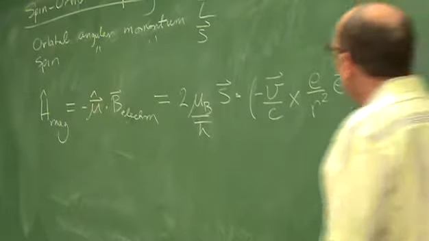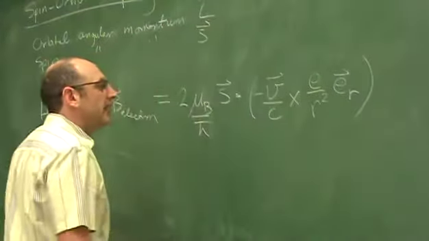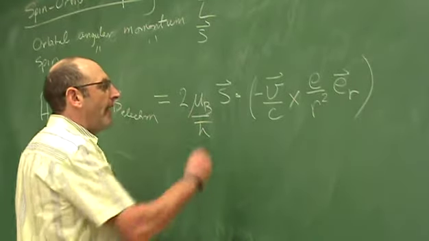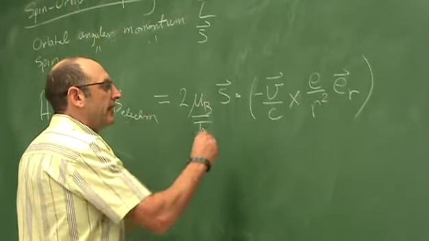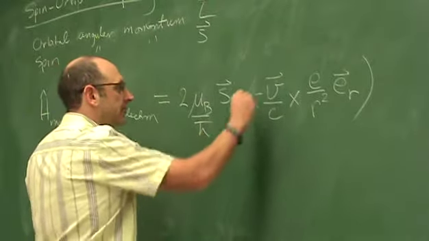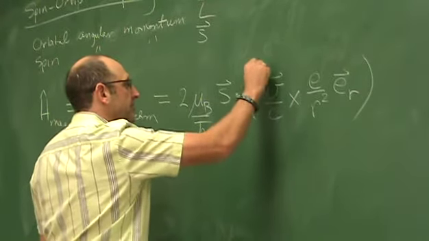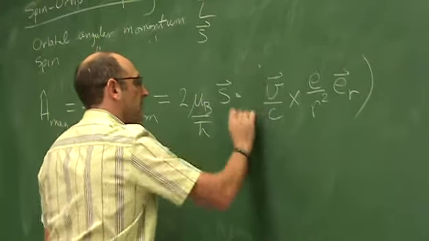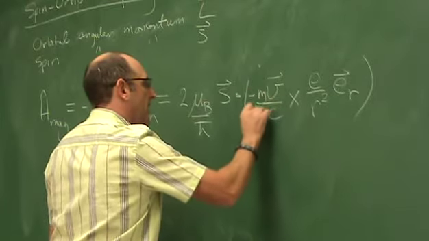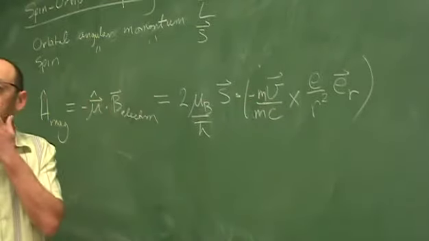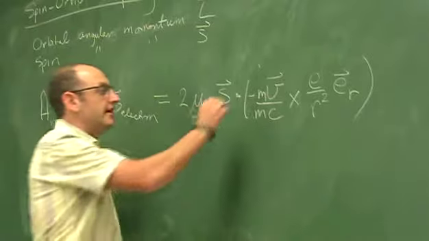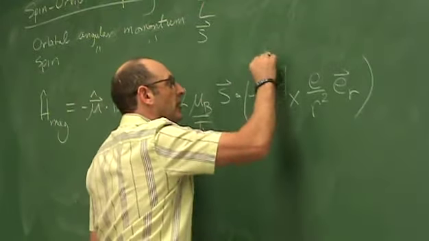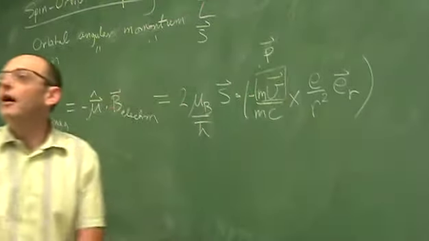So I can rewrite this now a little bit. Let me multiply top and bottom of this equation by the mass of the electron. So that mv is now the momentum of the electron.